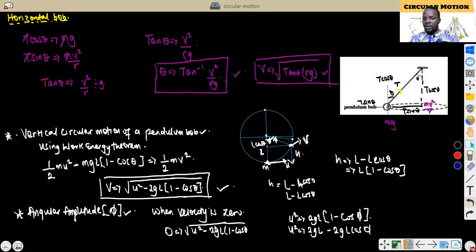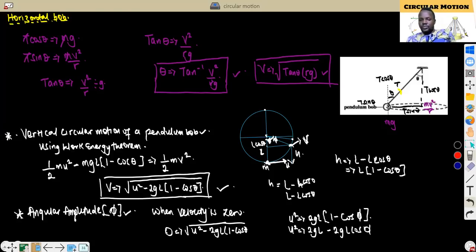So cos phi, which is the angular quantity we are talking about, directly we can rearrange this as 2GL cos phi equals 2GL minus U square. For those that are beginners, I'm trying to keep it simple. What have I done? I only collected like terms. I brought this to the other side.